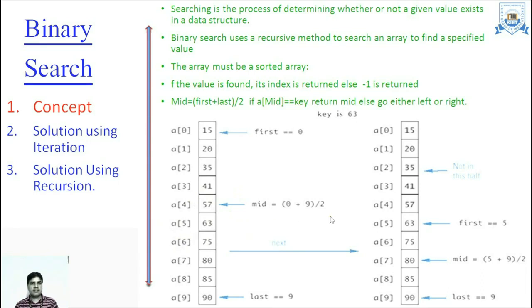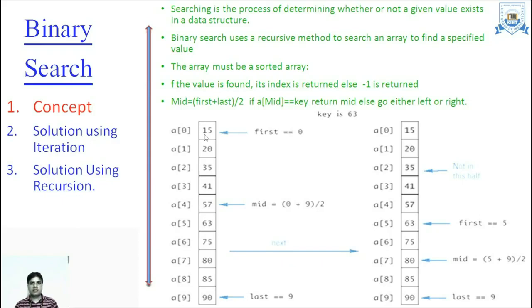When the element is not at the mid position, we check what that element actually is: 57, and the element that we want to find is 63. So if the element that we want to find is above this element, in that case we'll search in the right half or last portion of the array, and if it is less, then we'll search in the first half of the array.